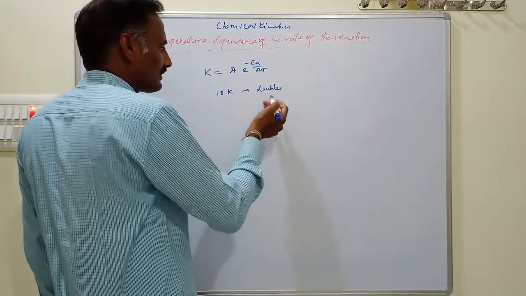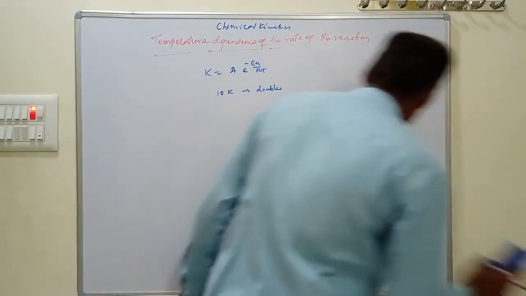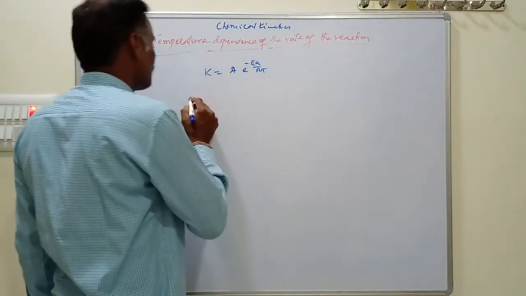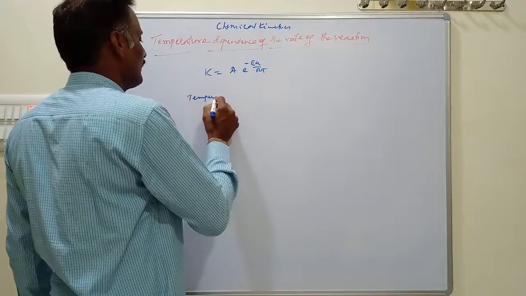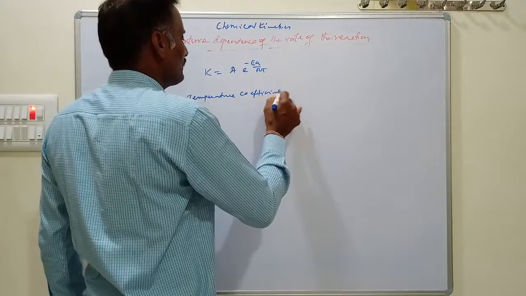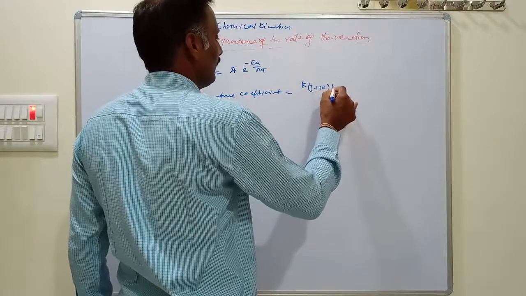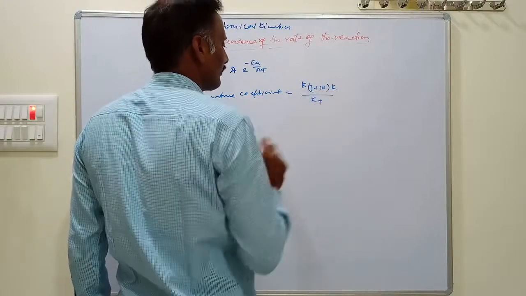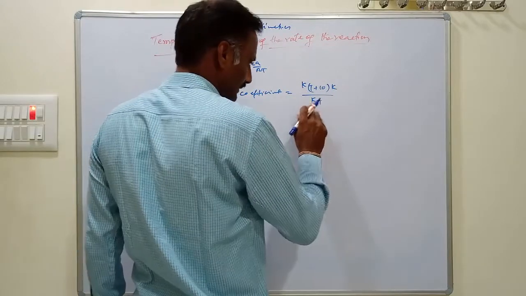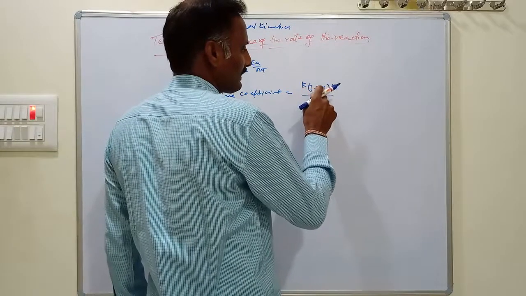This is also expressed in the form of the temperature coefficient of a reaction. The temperature coefficient is equal to k at T plus 10 Kelvin divided by k at T. Here k at T indicates the rate constant at temperature T, and the other is the rate constant at temperature T plus 10.